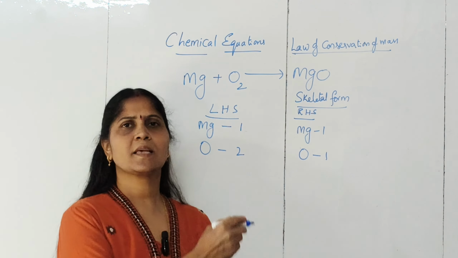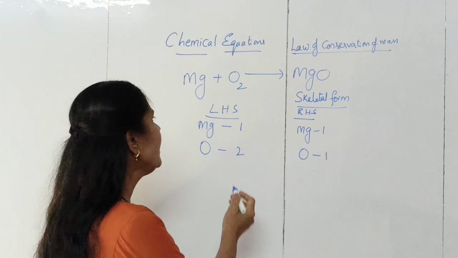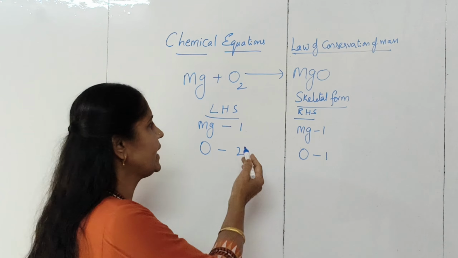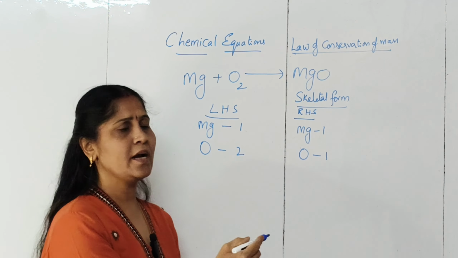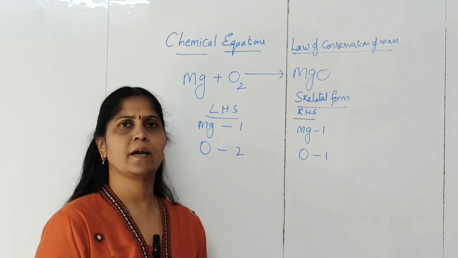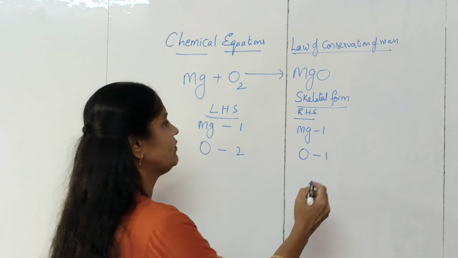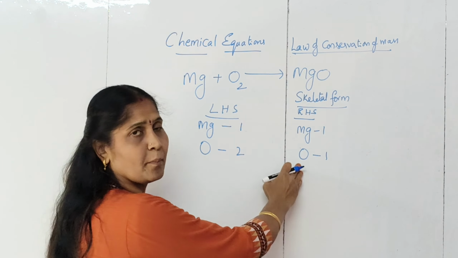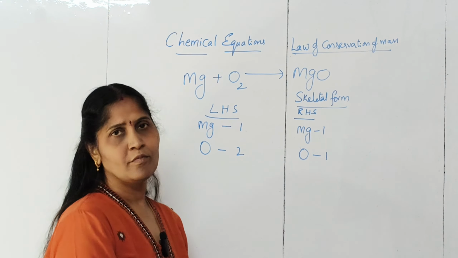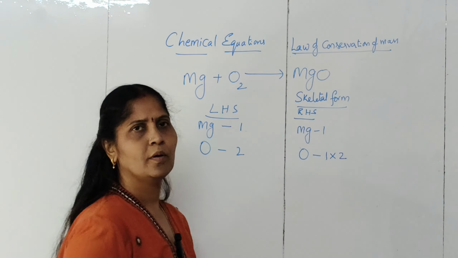In this case, to make you simply understand the balancing concept, here we have already seen that magnesium atoms are the same on either side, but the oxygen atom is one less on the product side. So in order to balance the equation, you have to see that the oxygen number is also equal to 2. For that, we will multiply oxygen by 2.